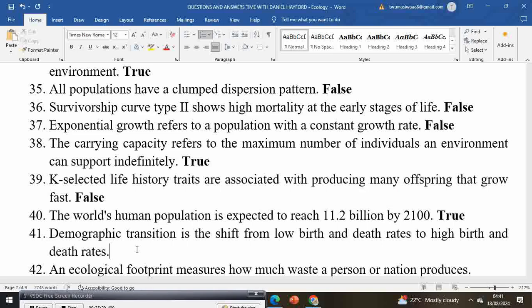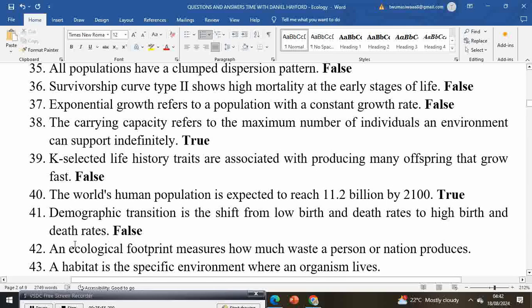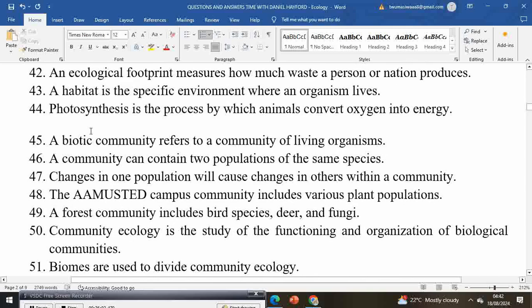Question number 41. Demographic transition is the shift from low birth and death rates to high birth and death rates. Is this statement true? This statement is false. And let's move to question number 42.